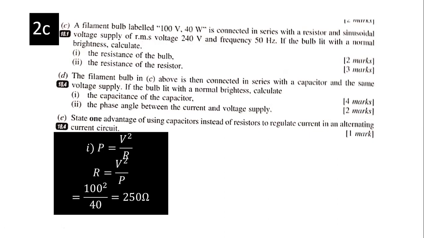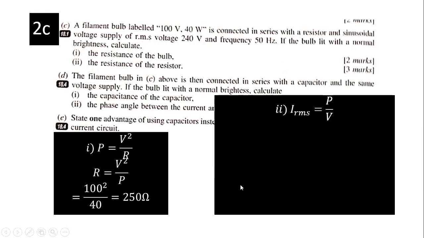Resistance of the resistor. So how are we going to calculate the resistance of the resistor? This is just a DC circuit. You can either find the current from here. The current is P over V, 40 over 100, which is 0.4.